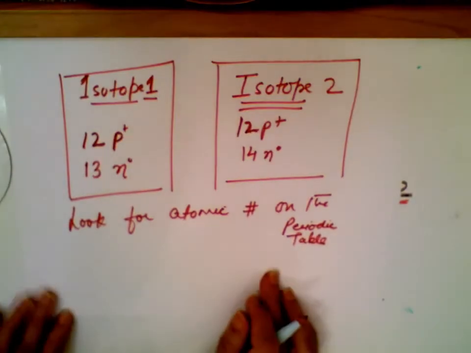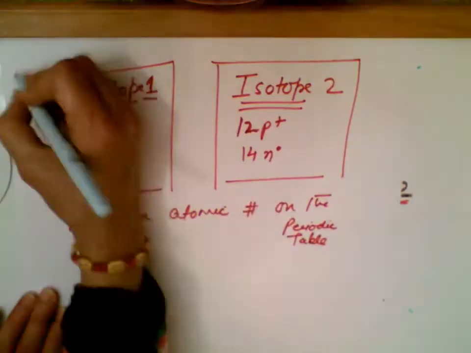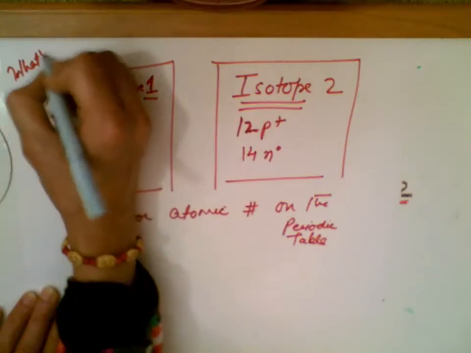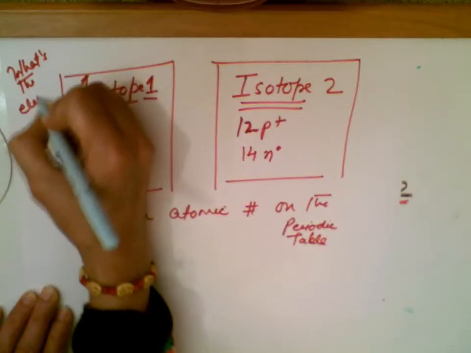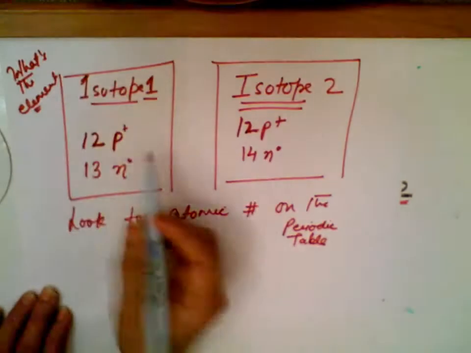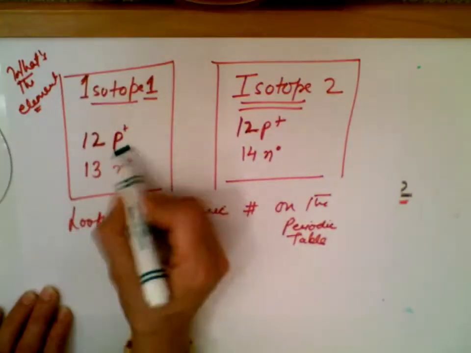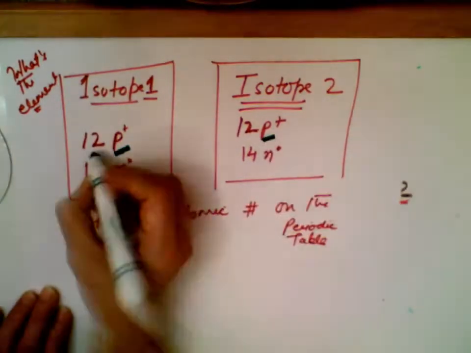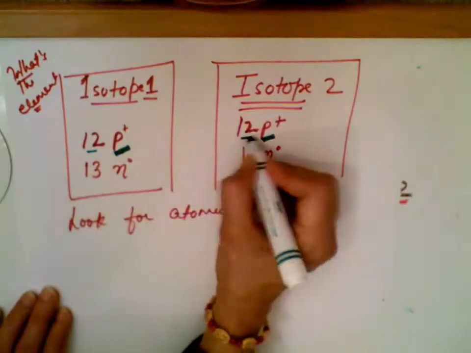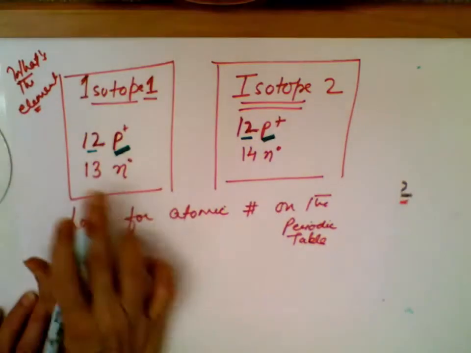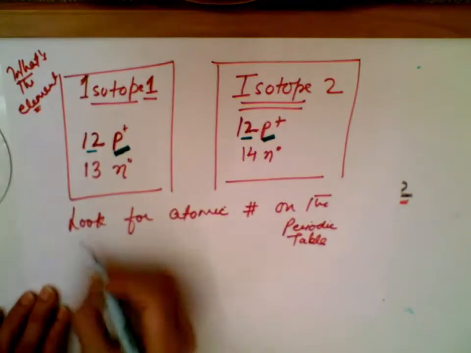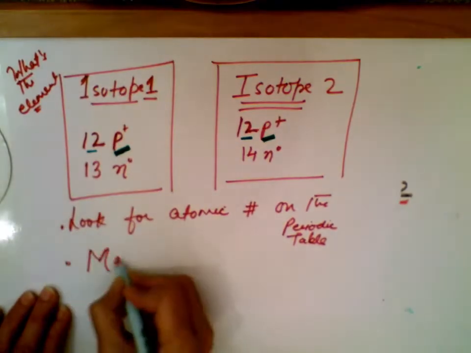In order to tell which element it is, you look at the number of protons because you go by number of protons. They are the same here, so we definitely know it's the same element. And when you look at it, this element is actually magnesium.